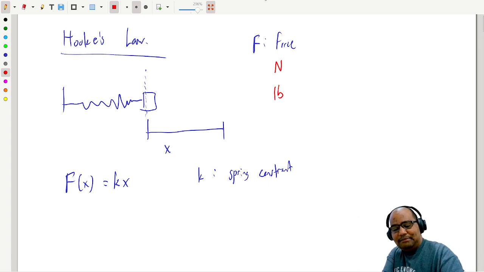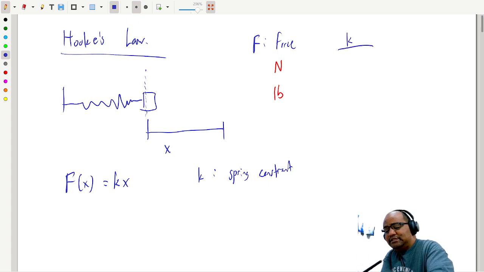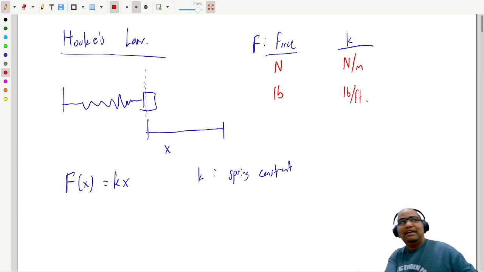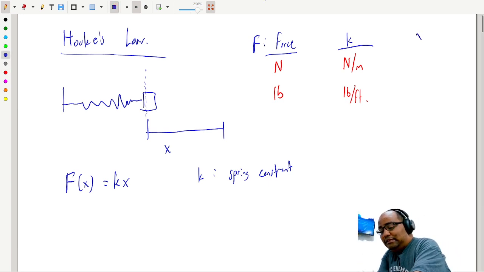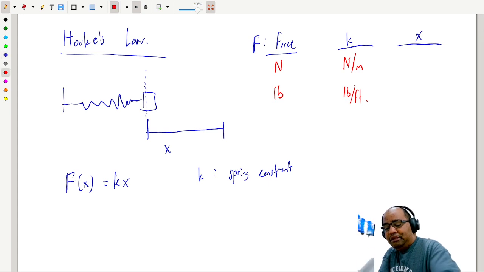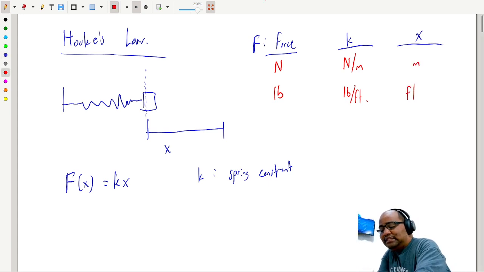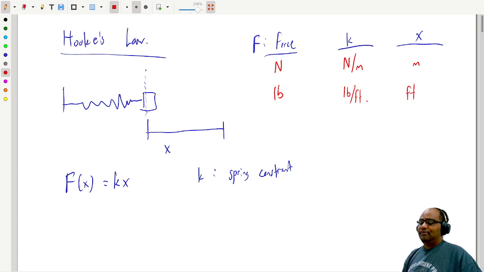For k, our spring constant, the units are newtons per meter in SI units, or pounds per foot in imperial units. It gives this kind of proportionality constant. Finally, the units of displacement will be meters in SI units, or feet in imperial units. And we still have to talk about work here.